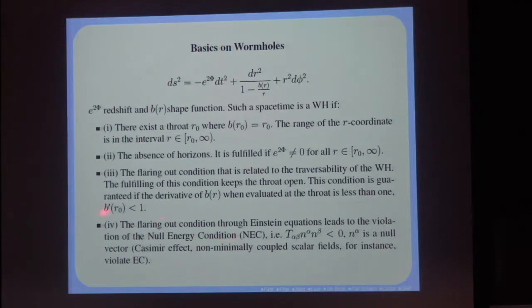For instance, through the Einstein equations, we can connect the geometry, of course, and these conditions are related with the energy momentum tensor in this way. So this quantity means that an observer will see an energy density that is not positive.